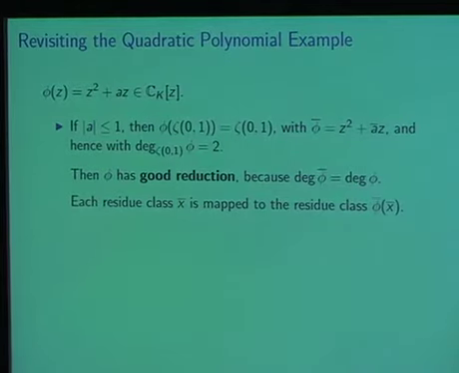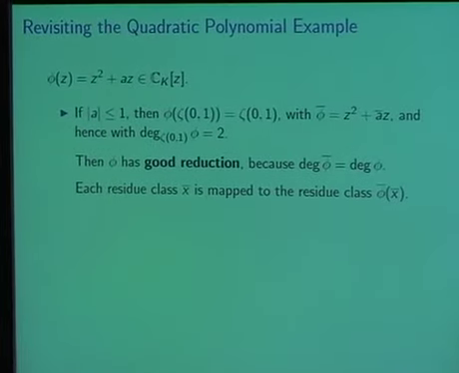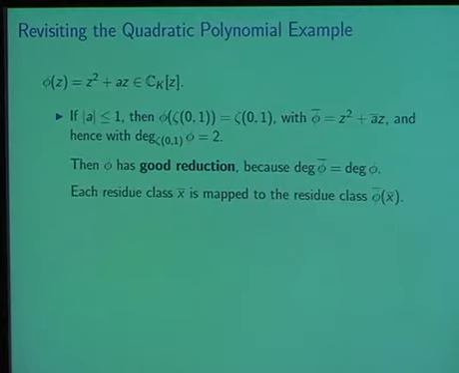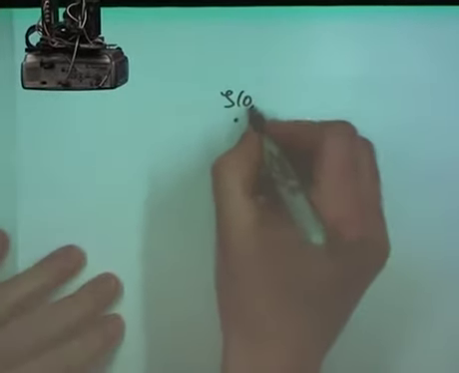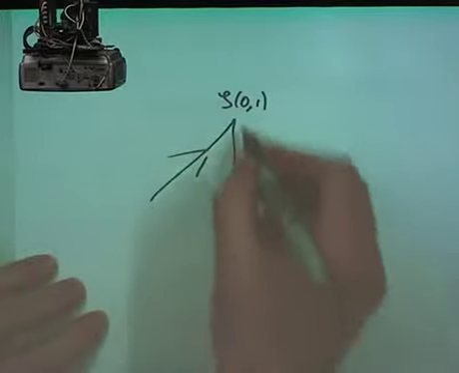but not only that, if the reduced map actually has the same degree as the original map, that's what good reduction is. In that case, any given residue class maps to the residue class corresponding to the reduced map at that residue class. So let me say what I mean by this. In other words, let's say here's the Gauss point, and you have all these various things coming off in these various branches.